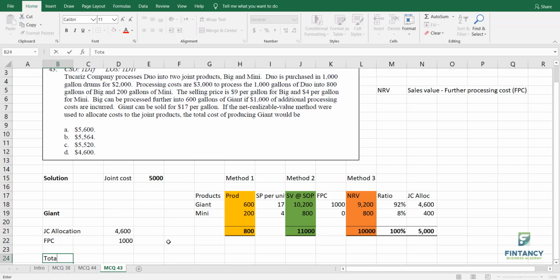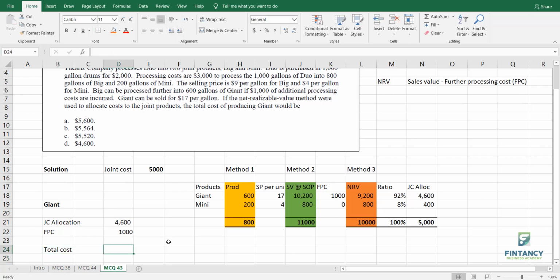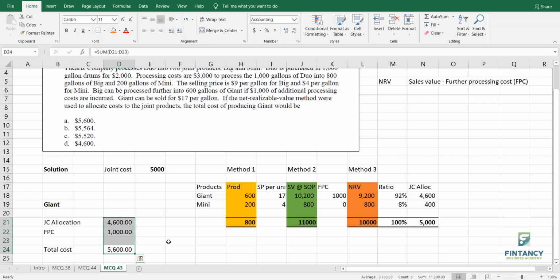So this is your total cost. Okay, so this is the way to do this question, and the answer is not 4,600. The answer is 5,600, which is option A. Getting the story, my friends? The answer is option A. A is the answer.